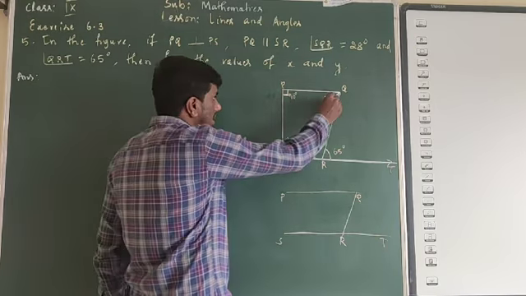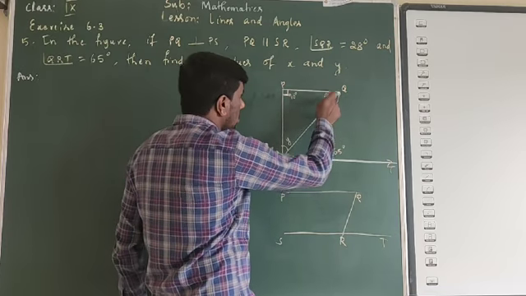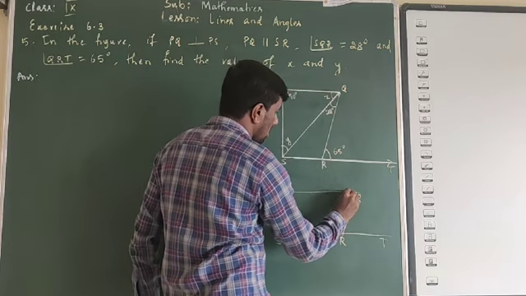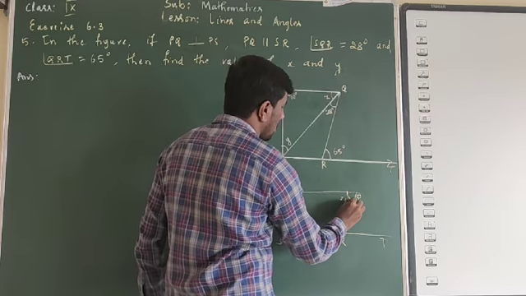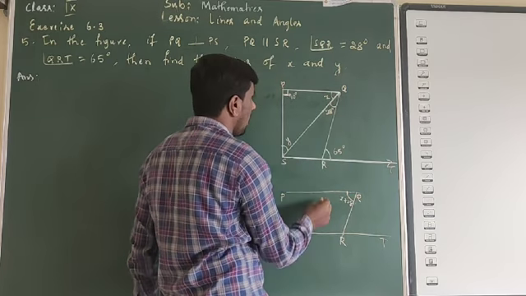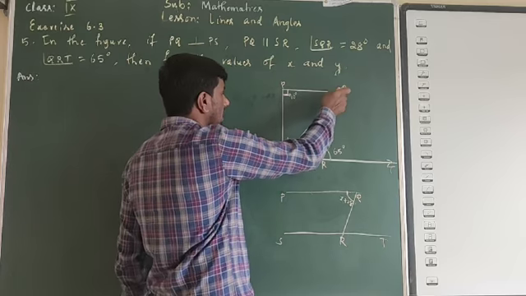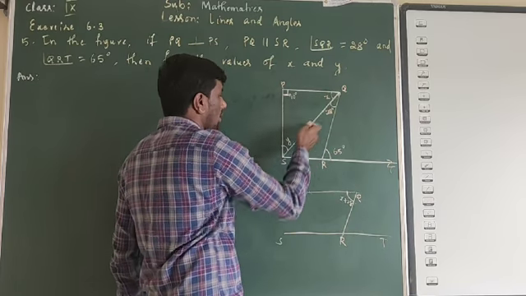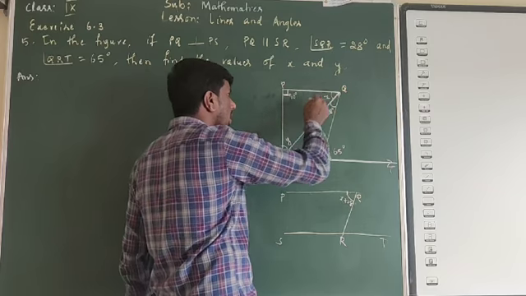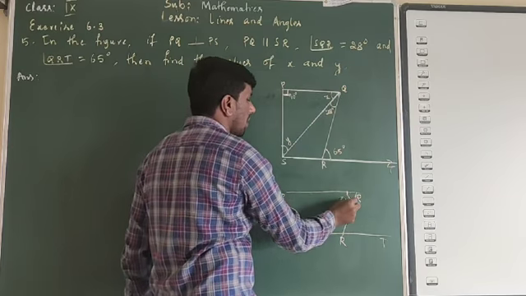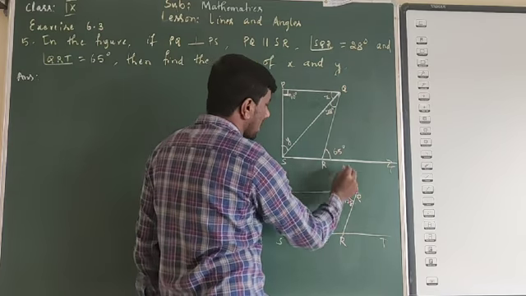Okay. So this is x and this is 28. That means x plus 28, if you include both the angles. Because I had skipped this line. I have taken this line as a transversal. If I remove that line, the total angle is x plus 28. That I have written here. Okay. So what is this angle? This is 65.